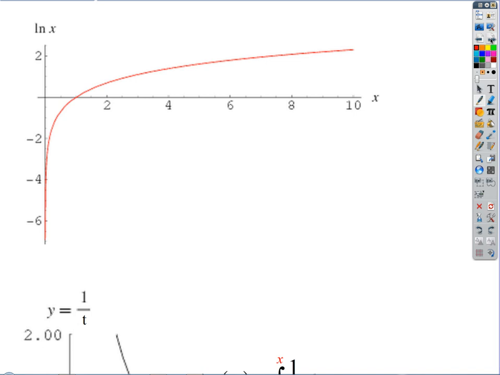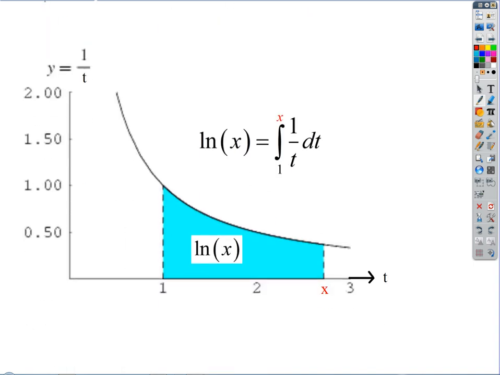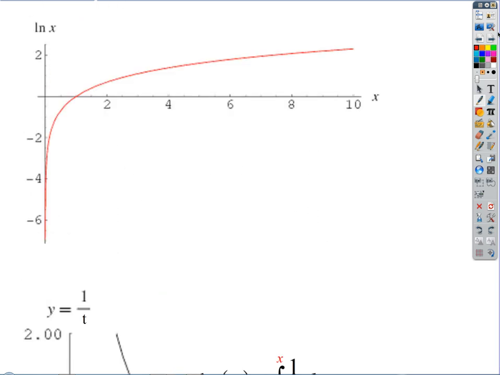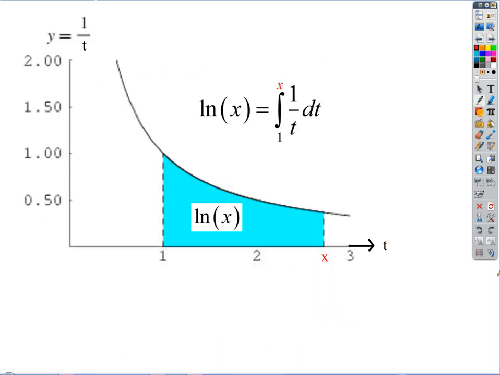Where does it cross the x-axis? 1, good. And more importantly for us in calculus, that's an algebra 2, pre-calculus concept, but where do we get that from? Well, this is what we decided was our area function, right? The way we actually derive the value of this function is by adding up the area under an inverse function from 1 to x, right?